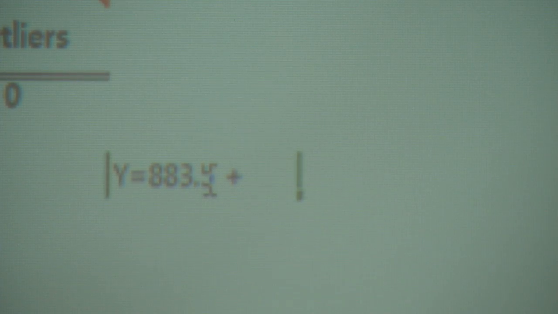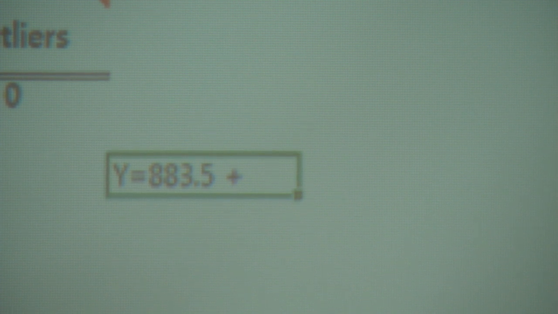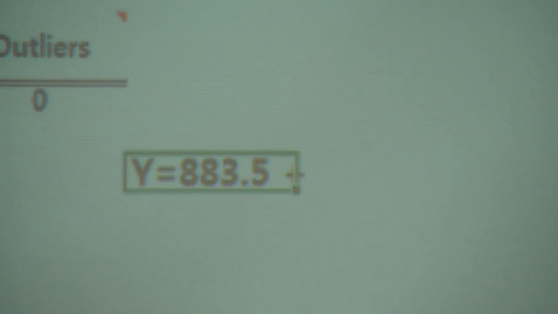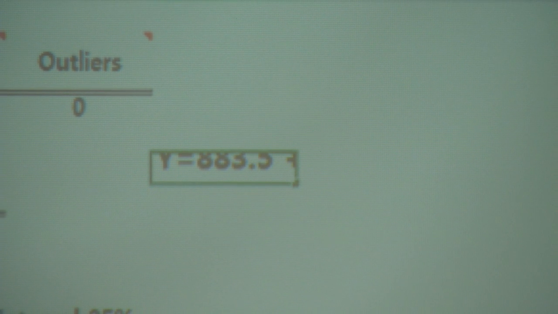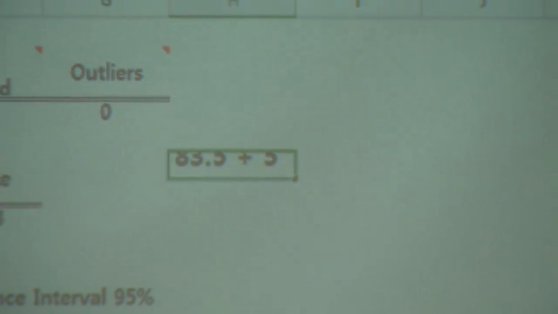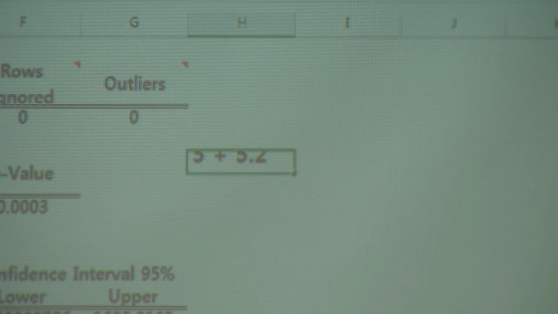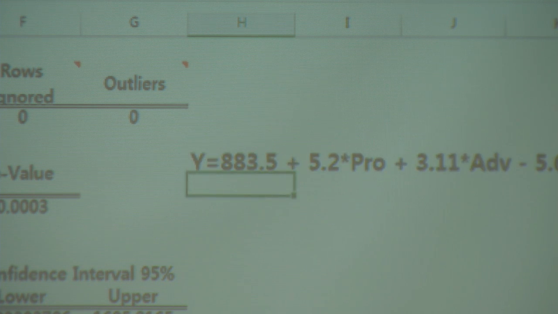plus 5.2 times promotion plus 3.11 times advertising minus 5.63 index.